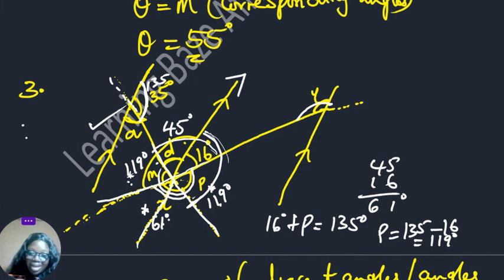Angle Y is on the right side of the parallel line right here and above the parallel line. On the right side of the transversal, which means we have to add 119 degrees to 45 degrees to get our angle Y.